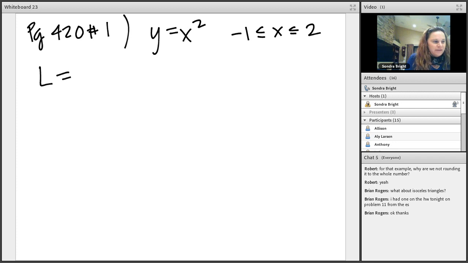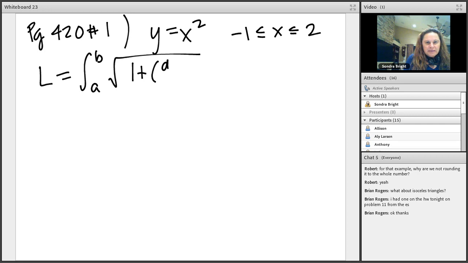The length of the curve is the integral from a to b, that's your interval, of the square root of 1 plus dy/dx quantity squared, as long as y is a smooth function of x. And sure enough, y equals x squared is a parabola. It's a totally smooth curve, and especially from negative 1 to 2, it definitely is.